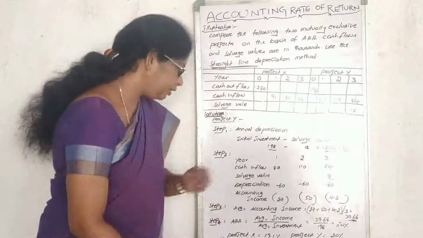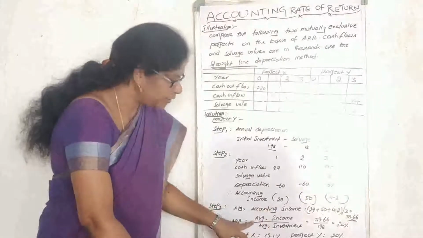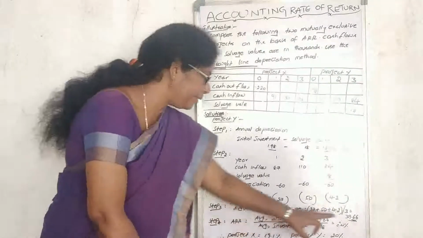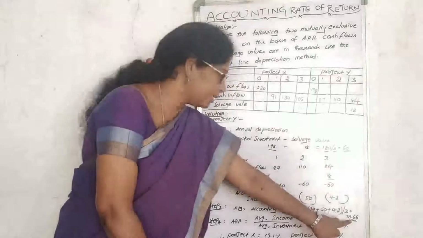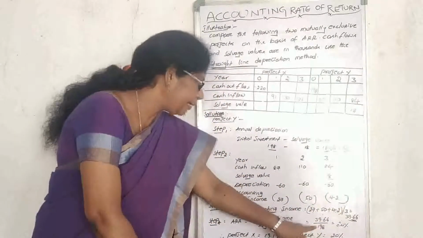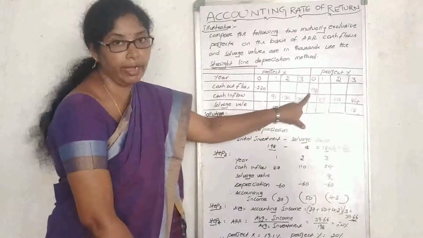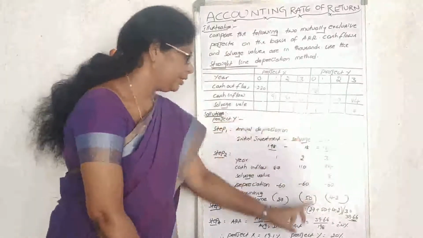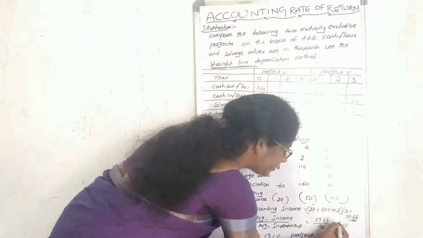Okay. And we will implement that in the formula. Average income 39,666 divided by initial investment 1,98,000 rupees, and the value will be 20%.